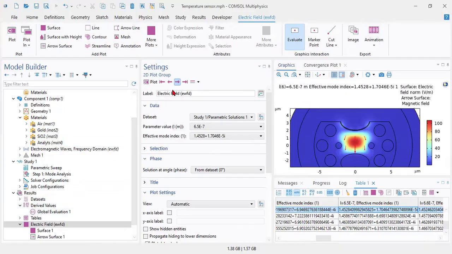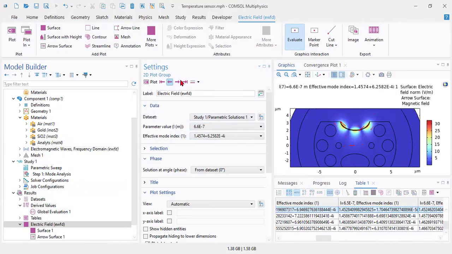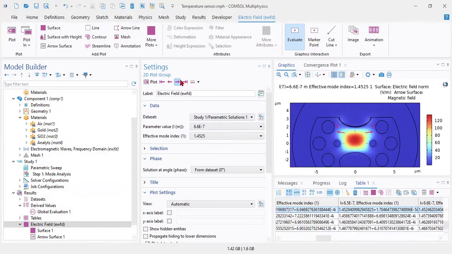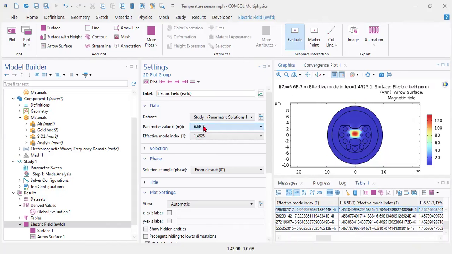And then let me see for 660. Yeah, this is X polarized. Okay, I got it. This is actually Y polarized, but I don't know why this kind of thing is showing.